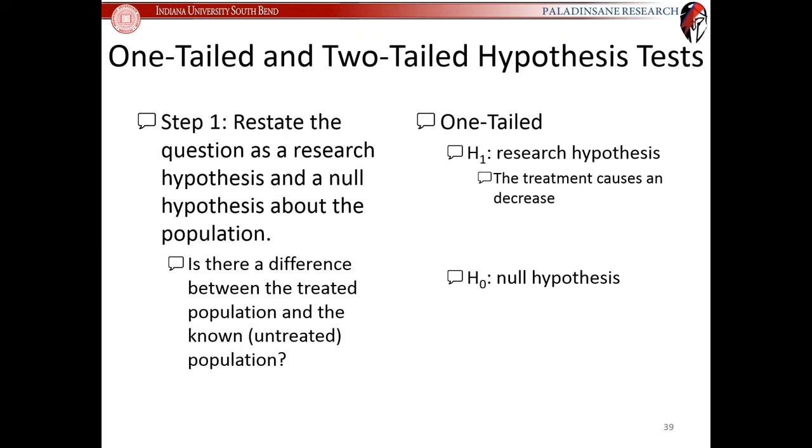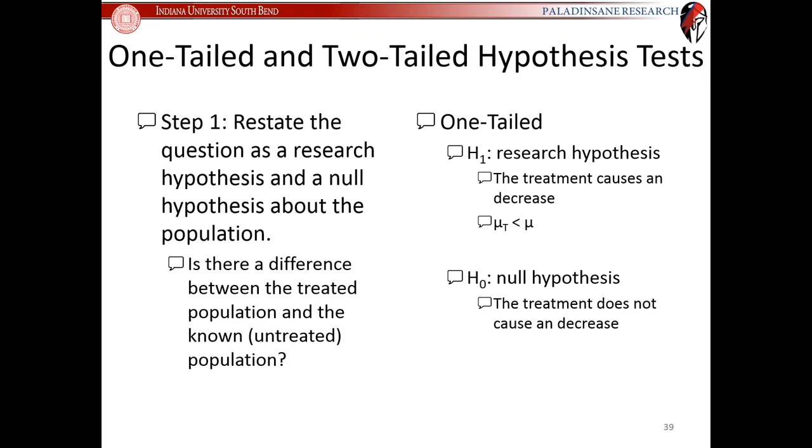The null hypothesis, complete opposite. Your treatment does not cause a decrease. And in this case, the research hypothesis is that the mean of the treated population is less than the mean of the untreated population. So we have now this possibility being covered by the research hypothesis.